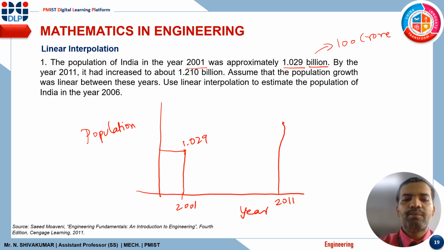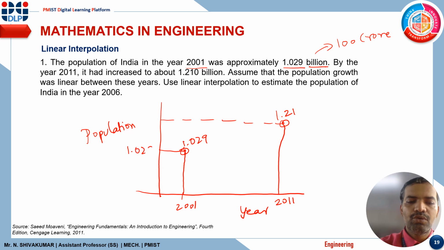What is the population now? 1.21 billion. So this is the first point, and this is the second point. This value is 1.029, and this point is 1.21. So population in billions.